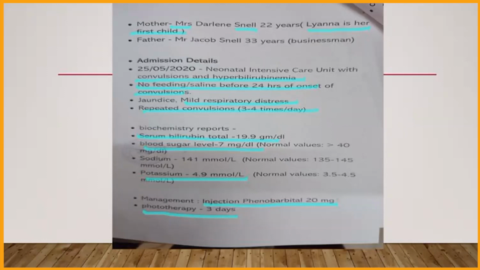Start with mild distress and convulsions. Liana was admitted to hospital on 25 May 2020 with complaints of repeated convulsions and mild respiratory distress. Or along with mild respiratory distress.